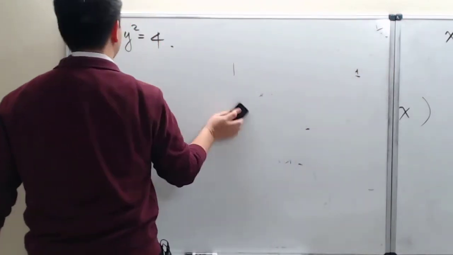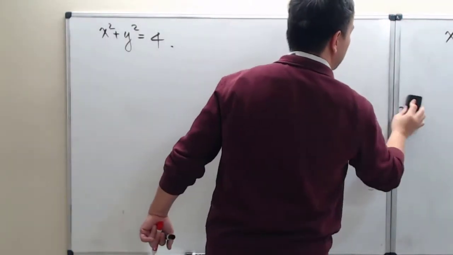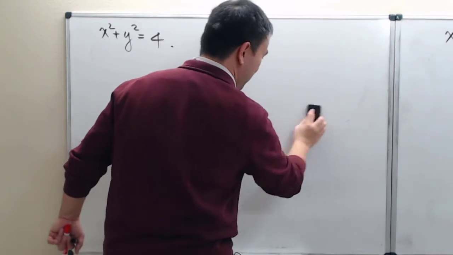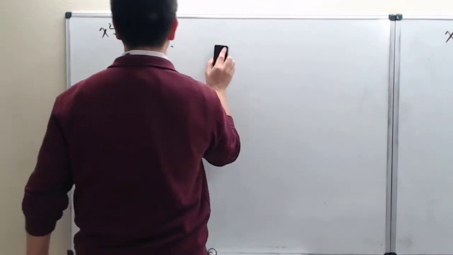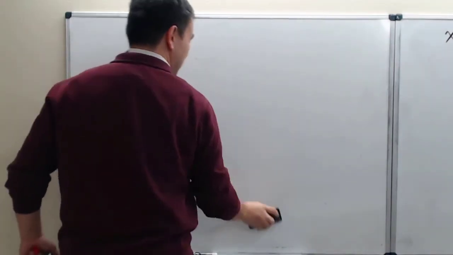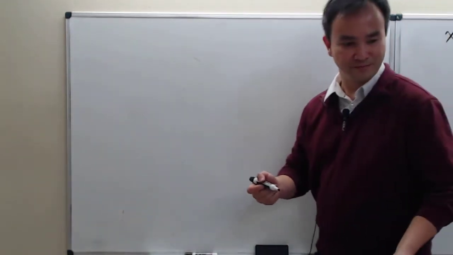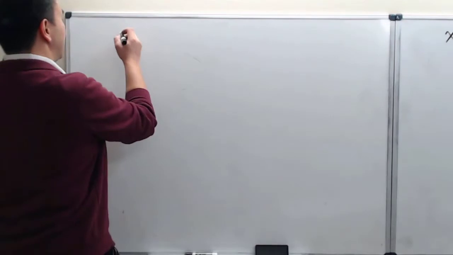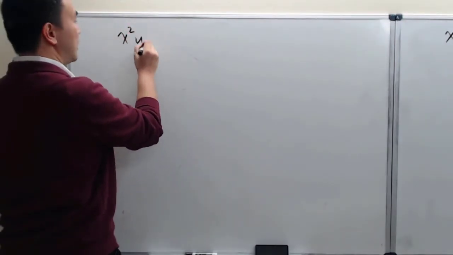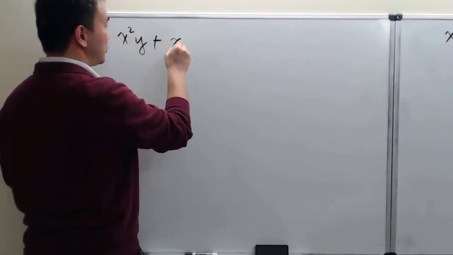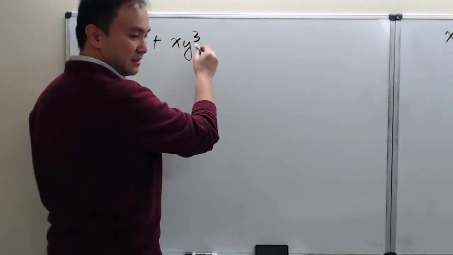So x squared plus y squared equals 4 is still not so bad if you take up the challenge of solving it. Then if we go with something like this, how about x squared times y plus xy cubed equals 4.